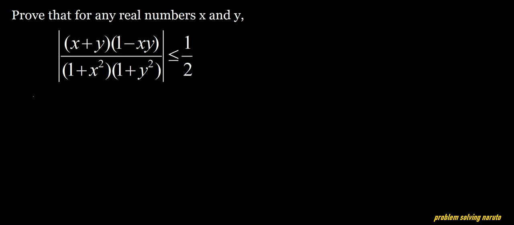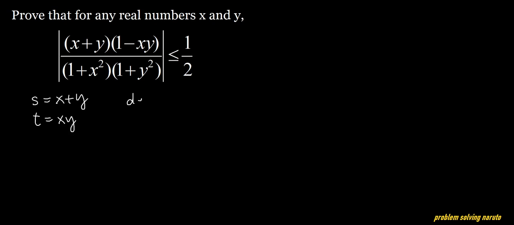Remember, for two variables, these are the elementary symmetric polynomials. So obviously we can express the top in terms of s and t. But what about the denominator?